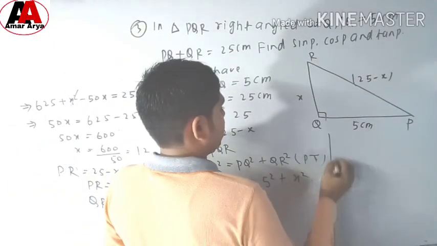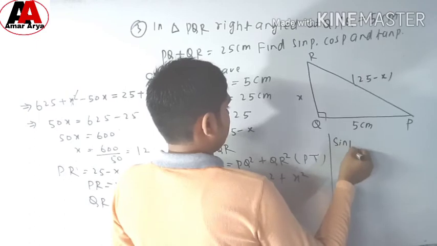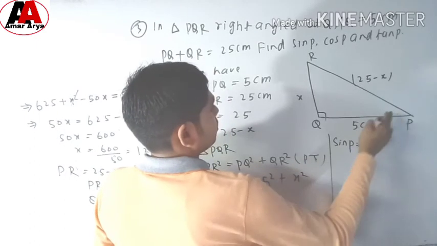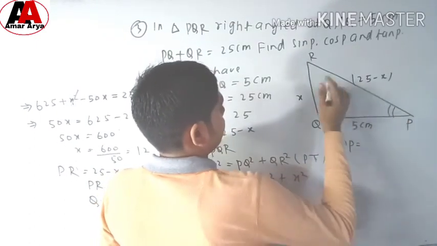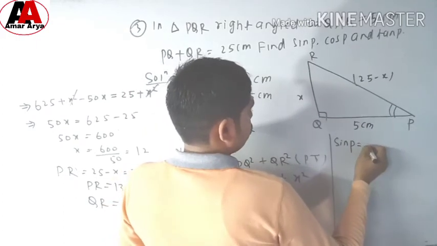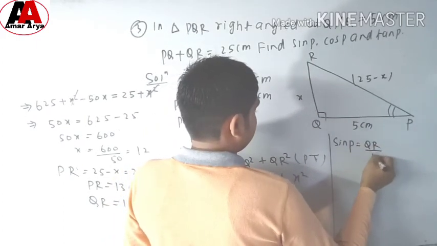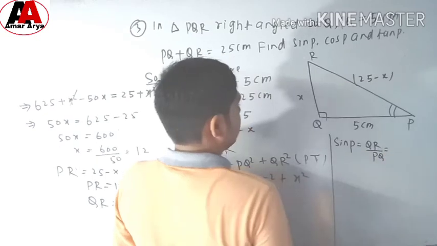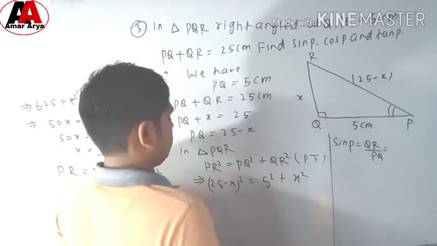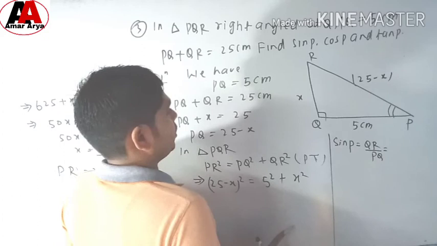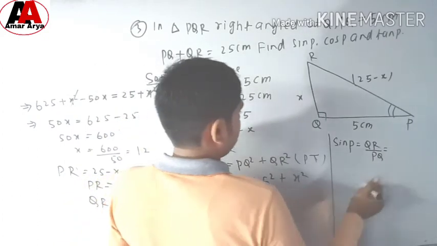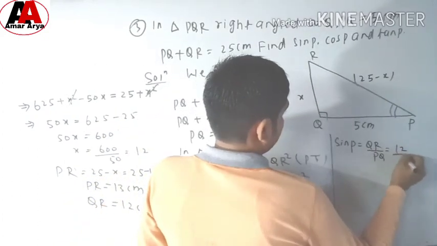Please try to find sin P. What is the value of sin P? Sin P means QR by PR. The value of QR is 12, so 12 by 13.